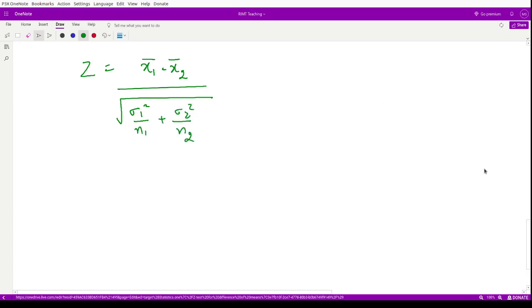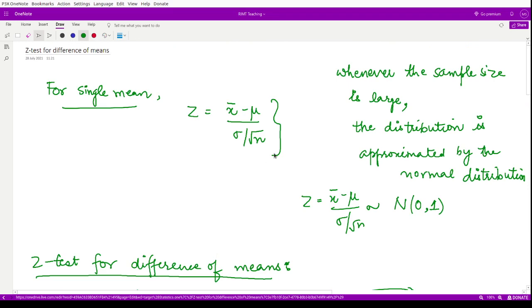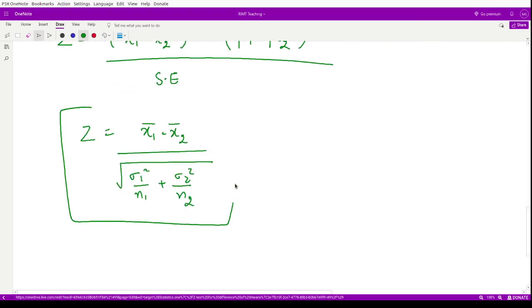If you remember, for a single mean we have this formula, right? You may also write it as Z equal to x bar minus mu divided by the square root of sigma square by n, since you can take the sigma inside the square root. This is equivalent to writing this. They are both the same. Similarly, because now we have two means, it would be sigma 1 square by n1 plus sigma 2 square by n2. So this would be our formula to calculate the Z statistic.